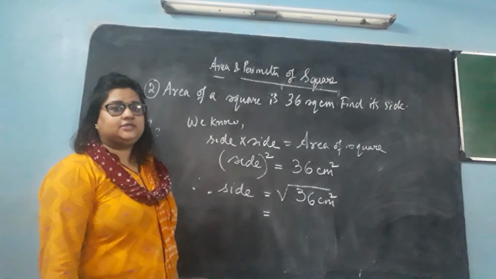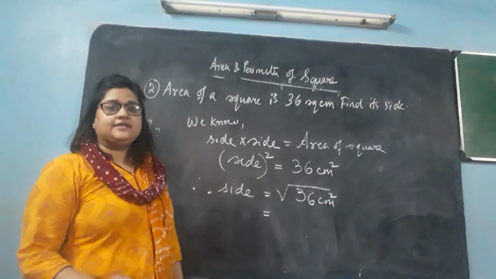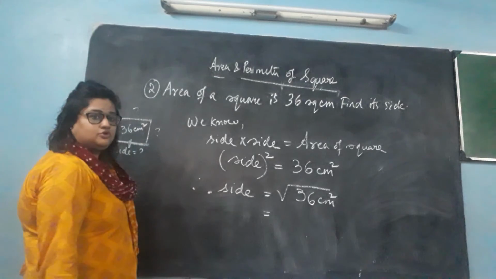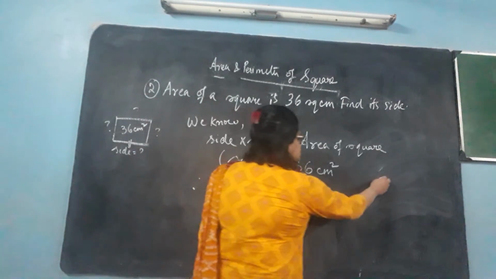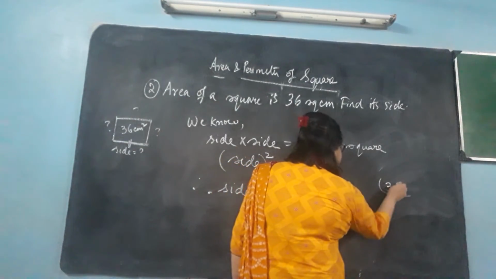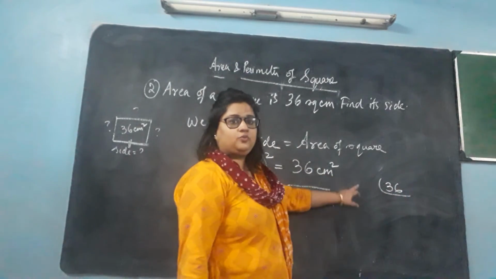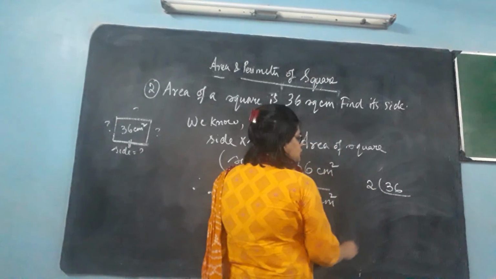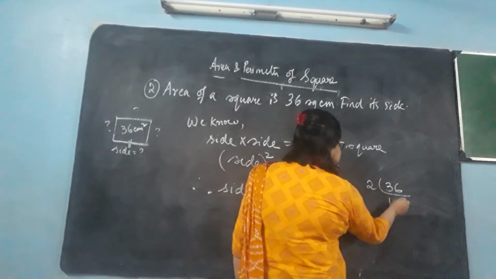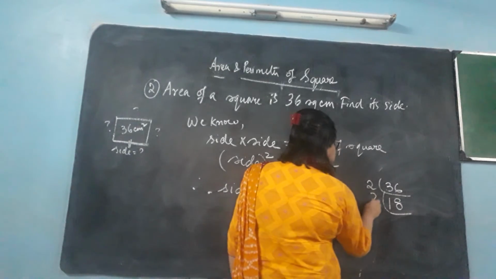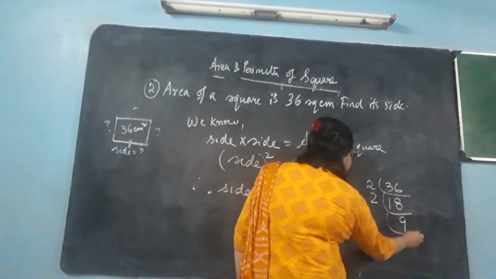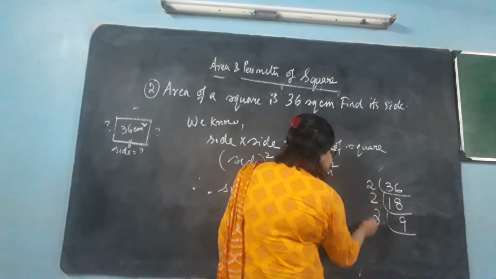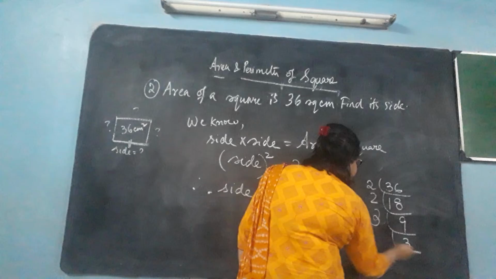So how will you find the square root of 36? The thing is very easy. Just do it like LCM, using divisibility. With what can you divide it? With 2 you can divide it. 2 ones are 2, 2 eights are 16. Again with 2, 2 nines are 18. Again with 2, then with 3 I can divide, 3 threes are 9.